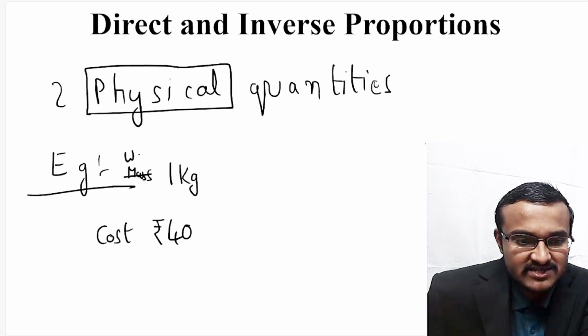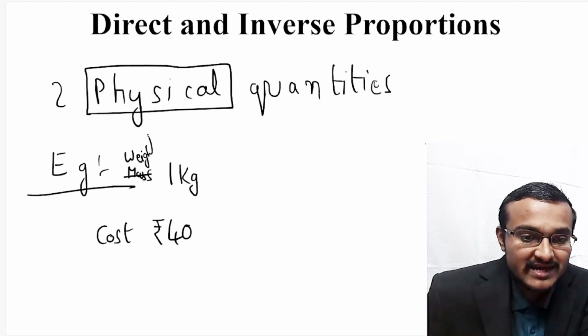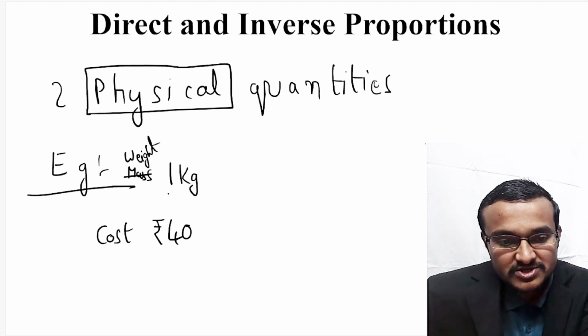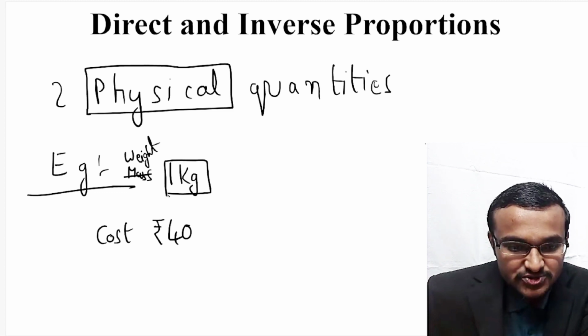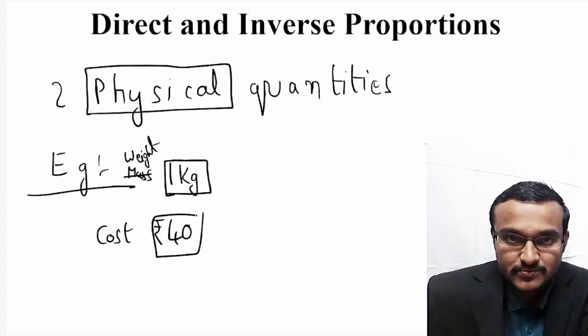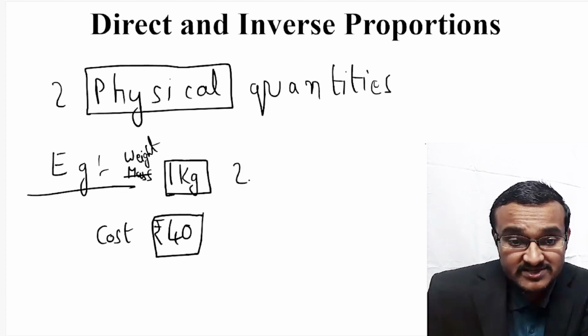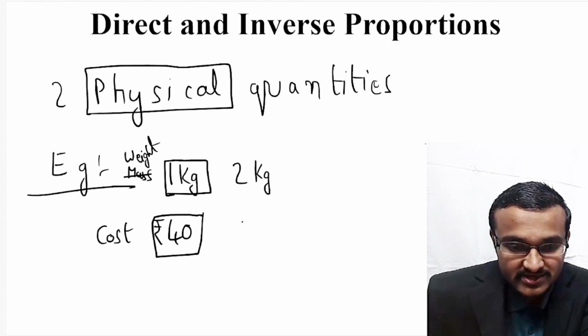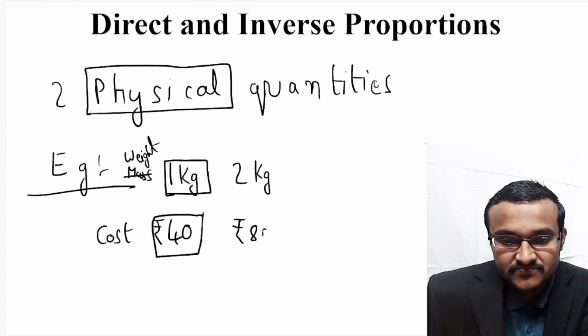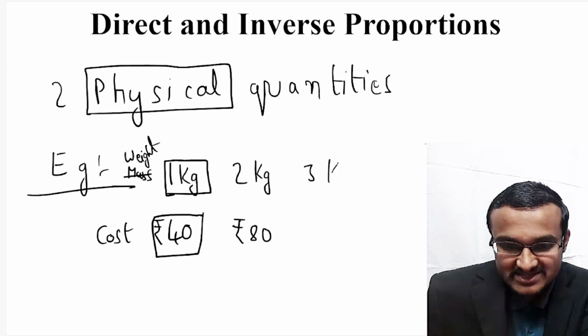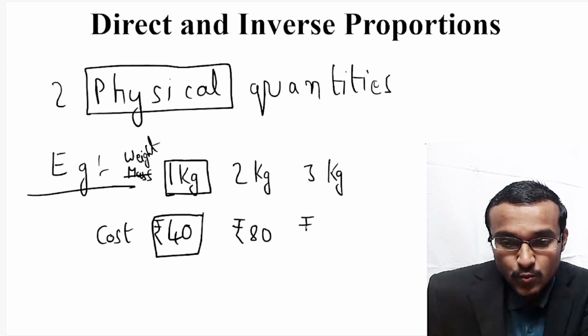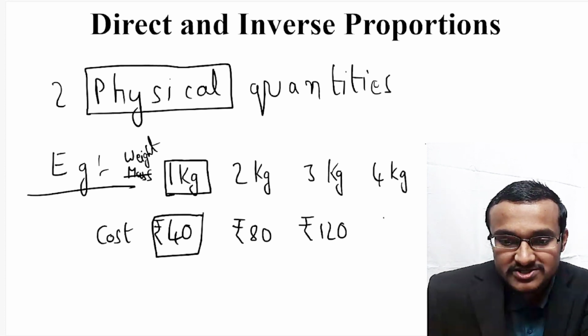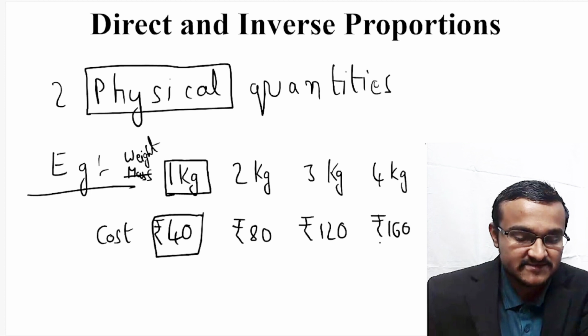Instead of writing mass, I'll write weight, because basically you will be calculating the weight of sugar. So 1 kg of sugar costs 40 rupees. Similarly, 2 kg of sugar costs 80 rupees. Similarly, 3 kg of sugar costs 120 rupees. 4 kg of sugar costs 160 rupees. So let us assume this particular case.